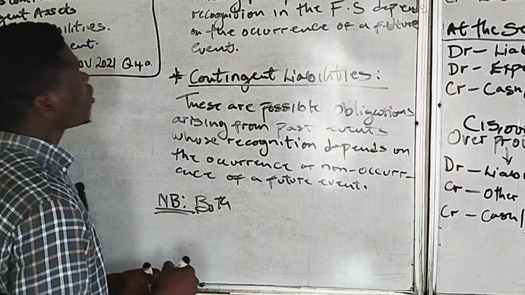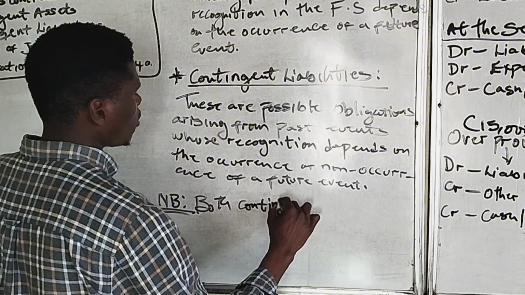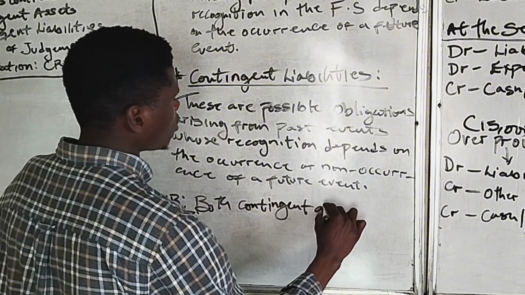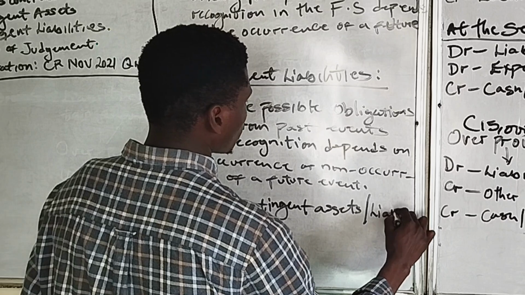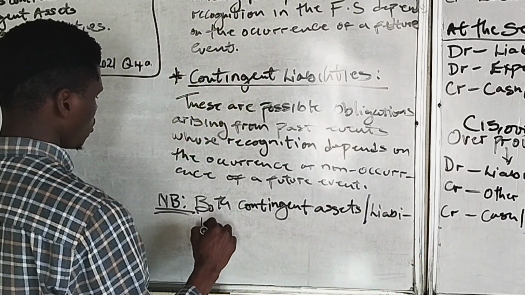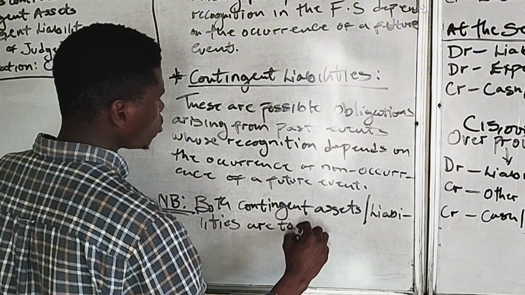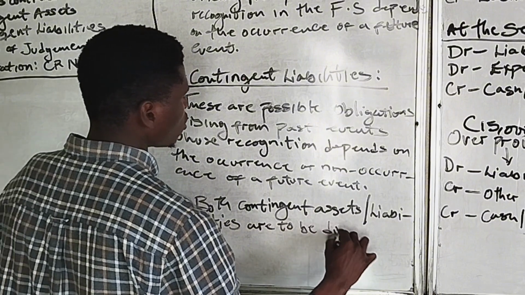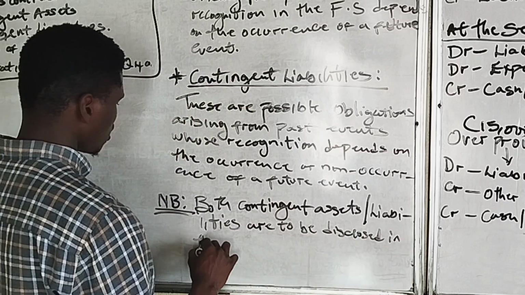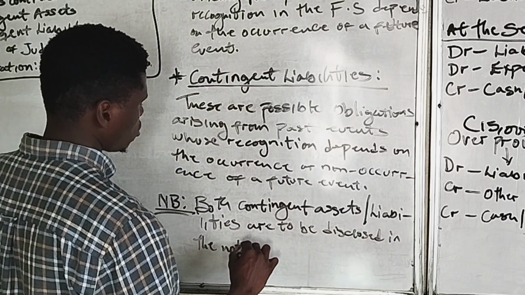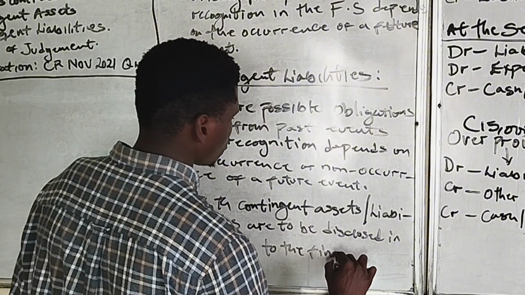So both contingent assets and liabilities, they are to be disclosed in the notes to the account to the financial statement.